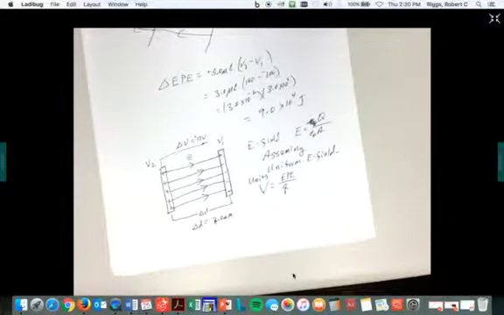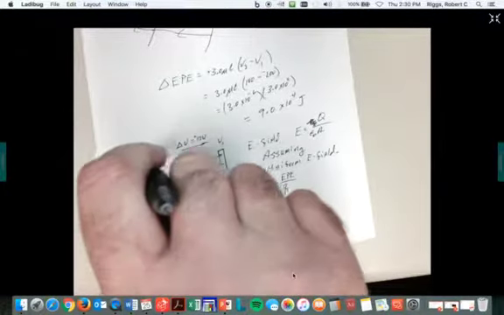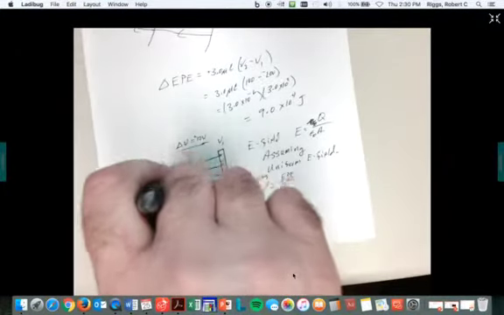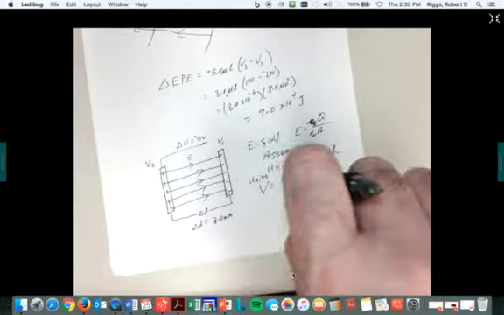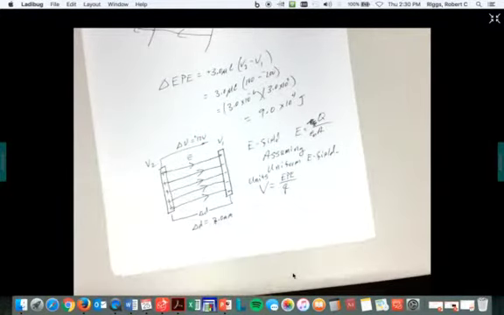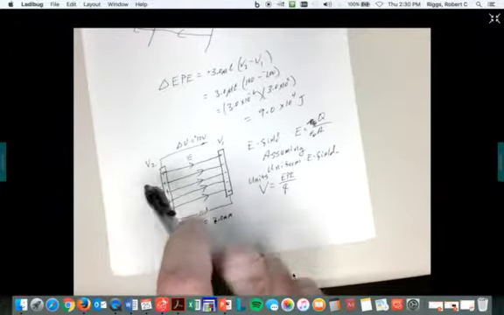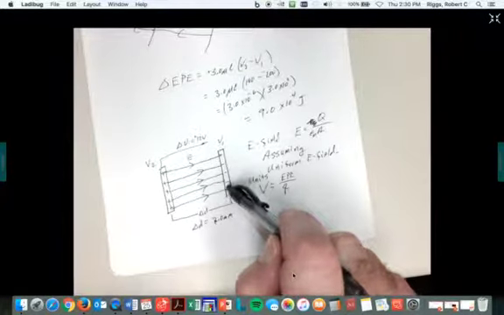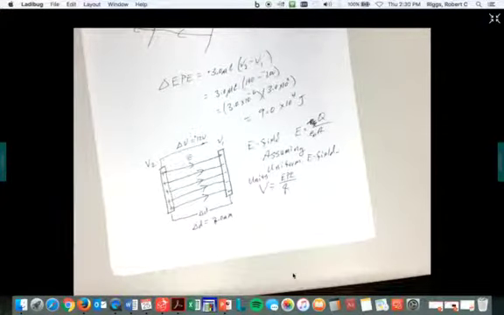Here V is 12 volts. I don't know what the electric potential energy is here. I just know what the voltage difference is. It's positive 12 volts as we go from here to here, and negative 12 volts as we go from here to here. And we're assuming that the E field is uniform.